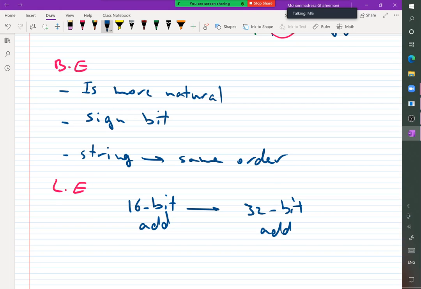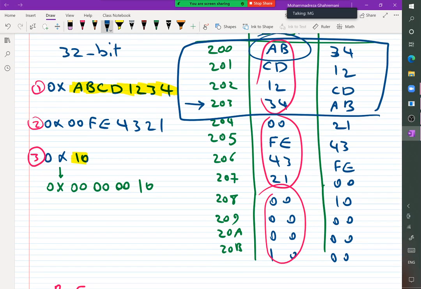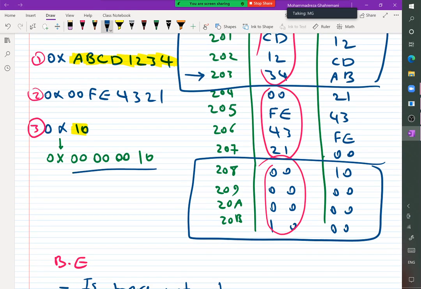What do I mean? Let's look here. Let's look at the last part. The value is here.